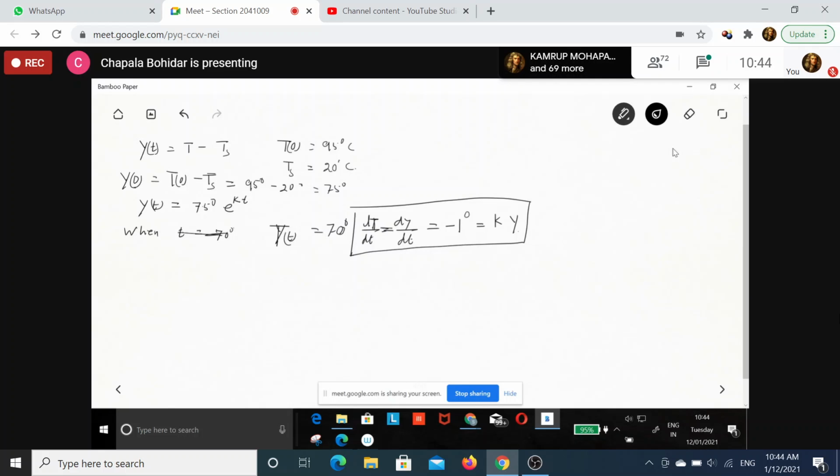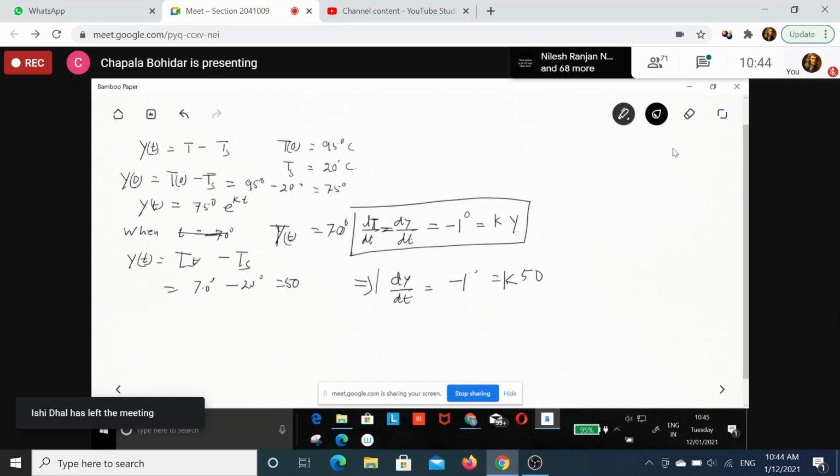So here, what is the value of y(t)? My aim is to find out, because when T is equal to 70 degrees, y(t) is equal to T minus Ts. So that is 70 degrees minus 20 degrees, which is equal to 50. This implies dy by dt is equal to minus 1 degree, equal to k into 50.